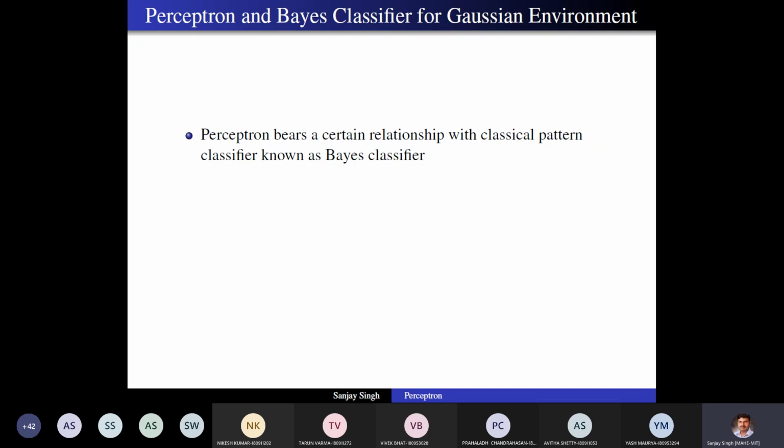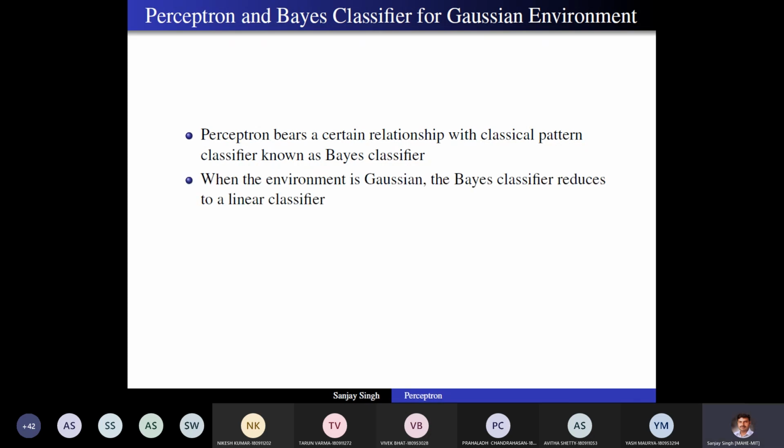First, we'll try to understand the condition for classification as per the Bayes classifier. Then we'll see, if I incorporate the Gaussian environment condition in the Bayes classifier, how the classification condition changes, and whether it really behaves like a perceptron, meaning whether it behaves like a linear classifier. So we'll see that.